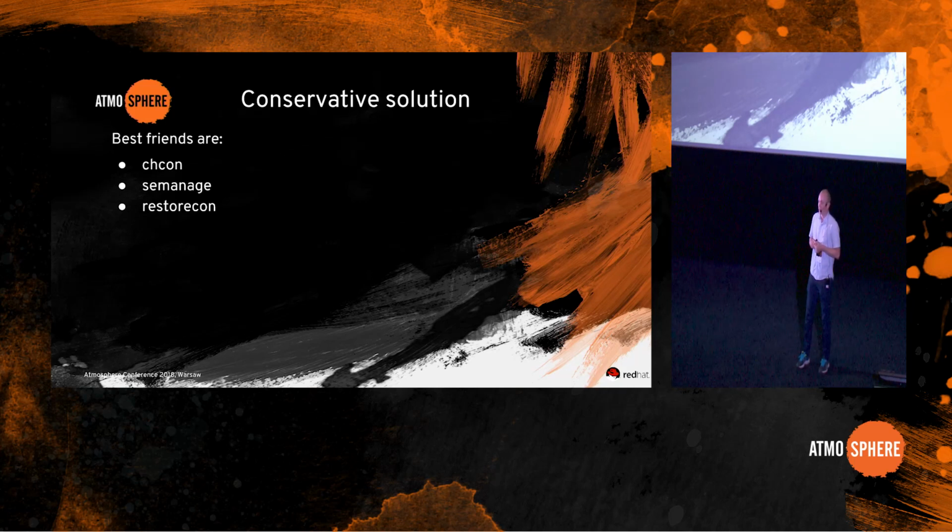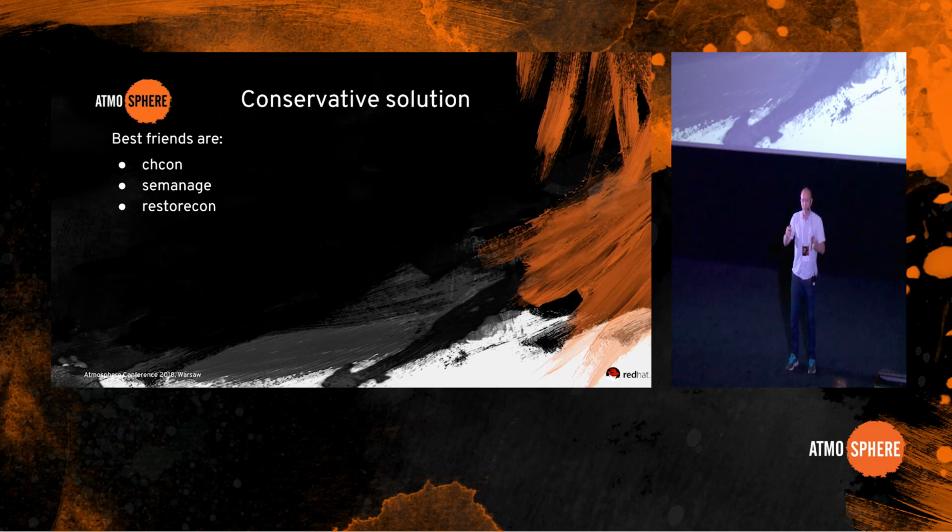Yeah, I must admit that there are a lot of SELinux tools, and some of them do the same thing. For example, setsebool, which allows you to change a boolean, and you can choose between temporarily or permanently. Temporarily means that after a reboot it will be the same again.